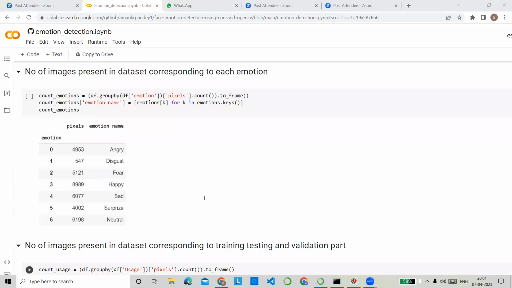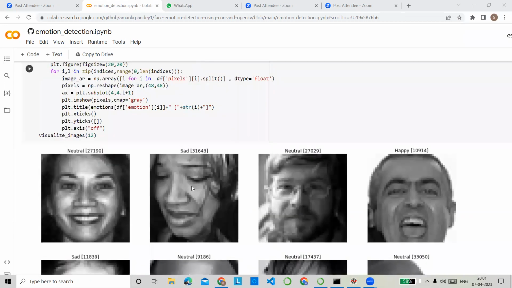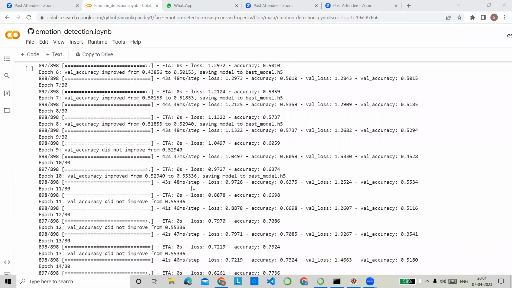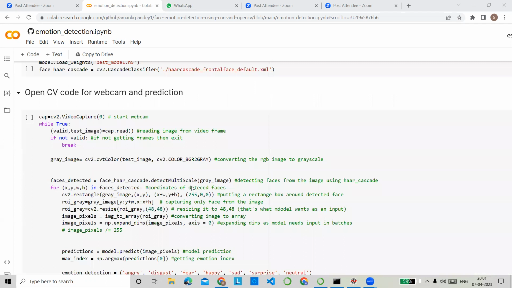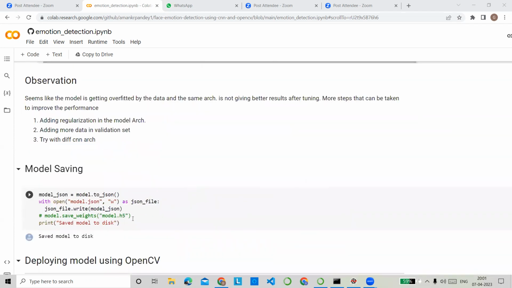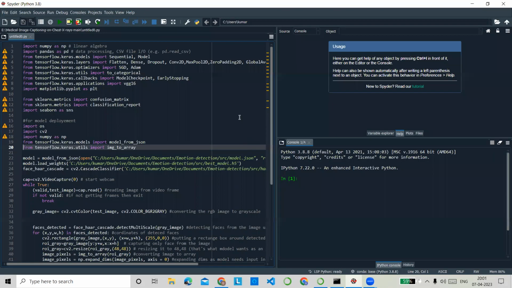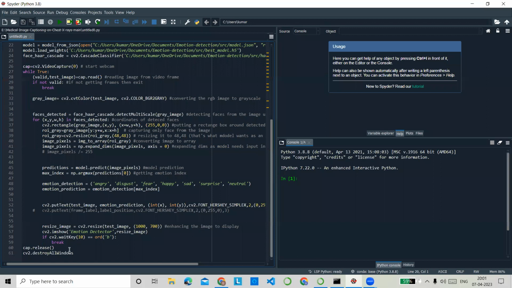And this was the count of all the emotion names in our dataset. The highest was happy, while the lowest was disgust. So after training the model, we saved the model in our local disk, and now we will run this.